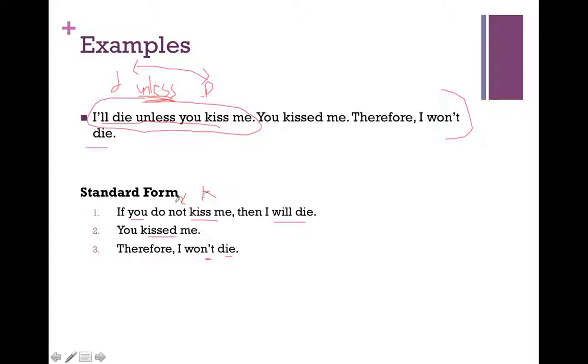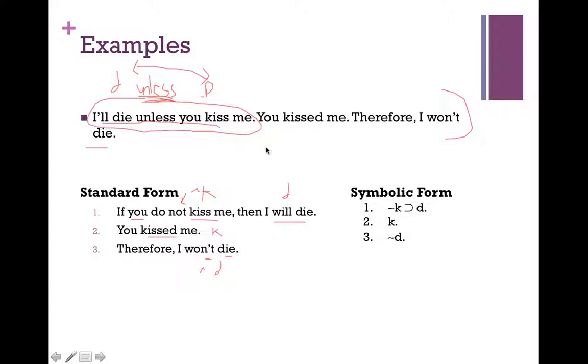So it's going to be not K, then D. K, therefore not D. If you don't kiss me, then I will die. You kiss me, therefore I will not die. So this is how we would symbolize the argument up here.